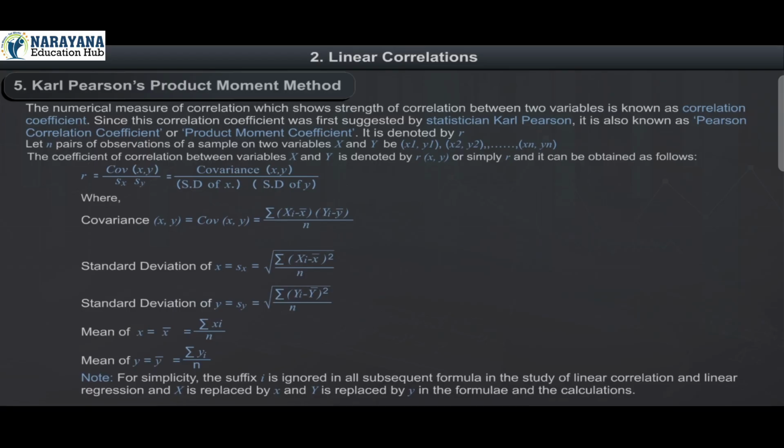Note, for simplicity, the suffix i is ignored in all subsequent formulas in the study of linear correlation and linear regression, and xi is replaced by x and yi is replaced by y in the formulas and the calculations.